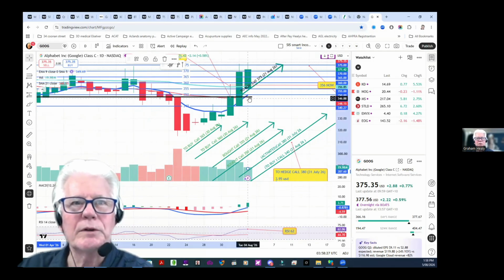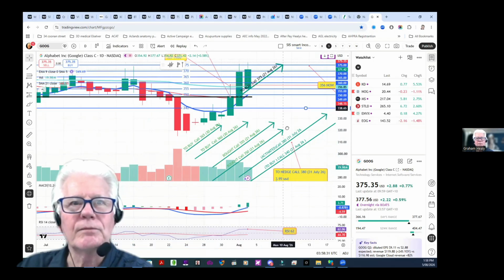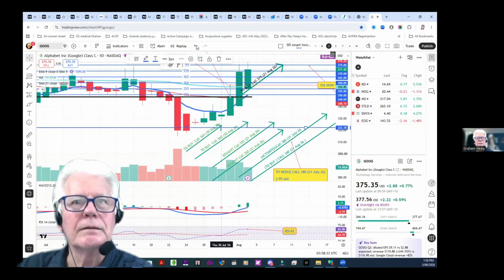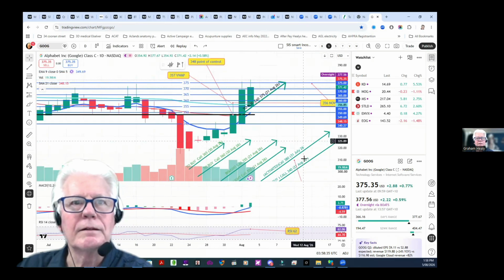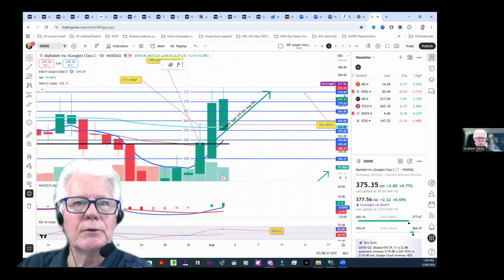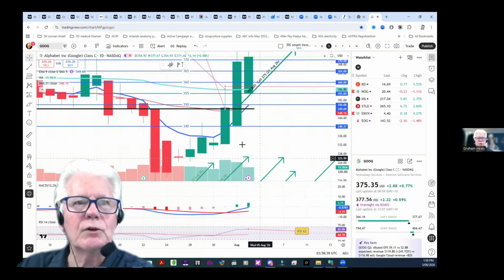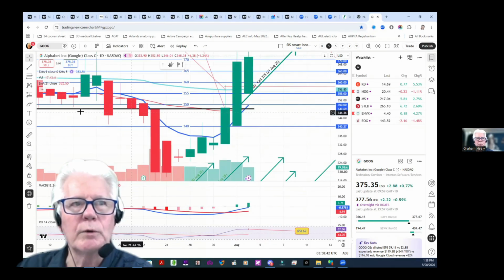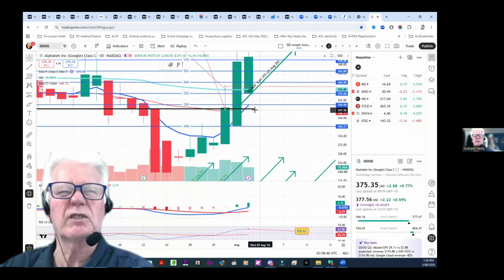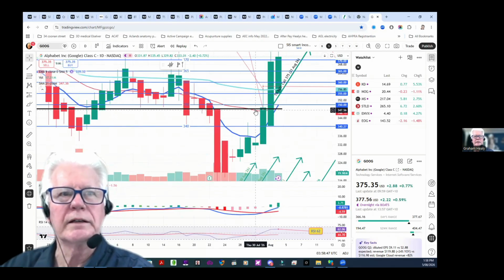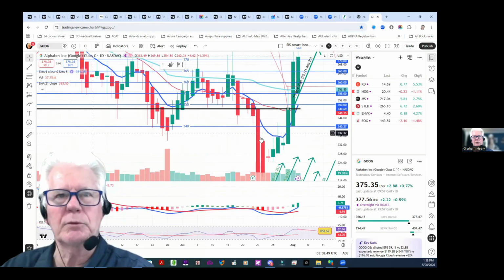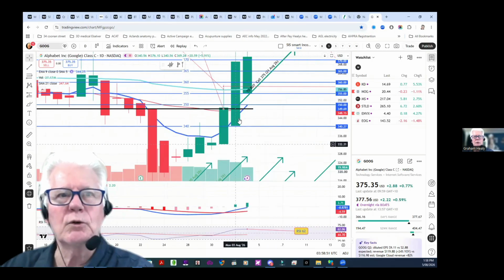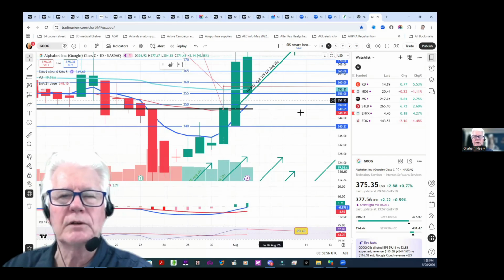Now we see the point of control. It's gone through the point of control. Let me expand that for you. It's gone through the point of control, which is what I call it, but it's a support line. In other words, it oscillates around the support line, right? It's gone through the support line, and it's also gone through the VWAPs.